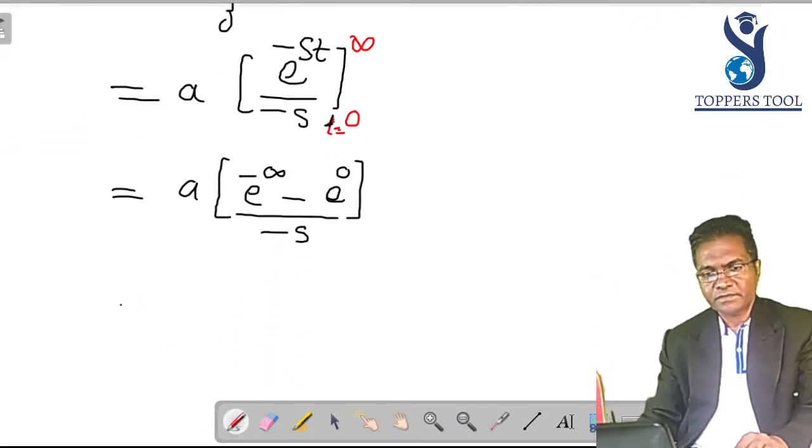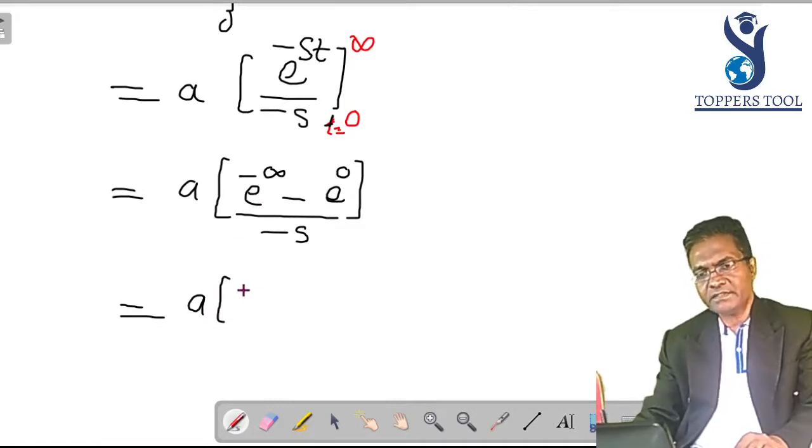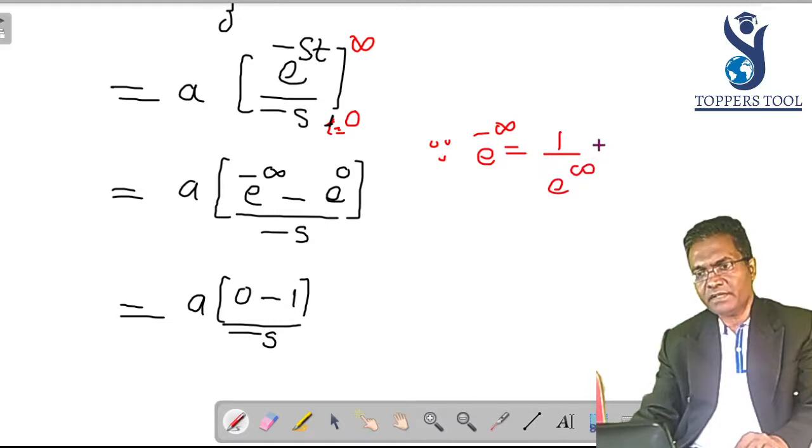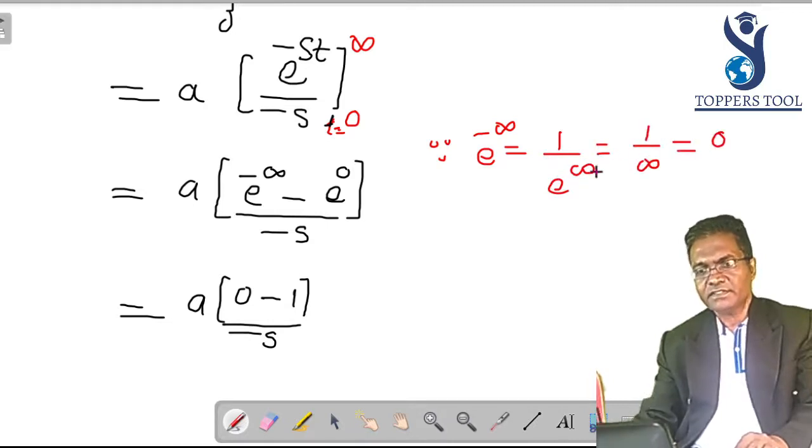Okay, this implies e power minus infinity is 0, e power 0 is 1, divided by minus s. Look at this, because e power minus infinity can be written as 1 by e power infinity, 1 by e power infinity is 1 by infinity, which is 0, and e power 0 is 1.